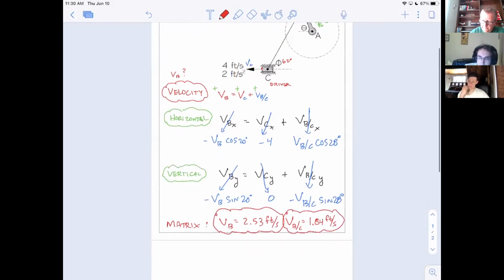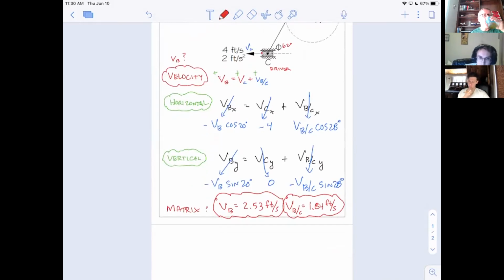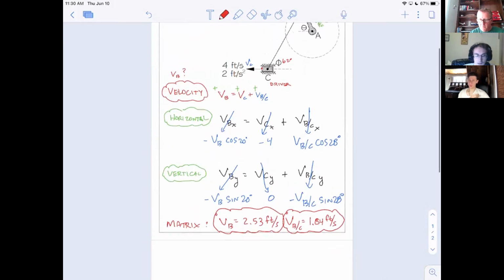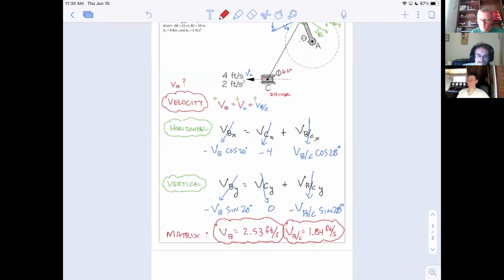So now to find WBA, do we have to use velocity of B and the radius of BA? Is that what it is? That's exactly right.